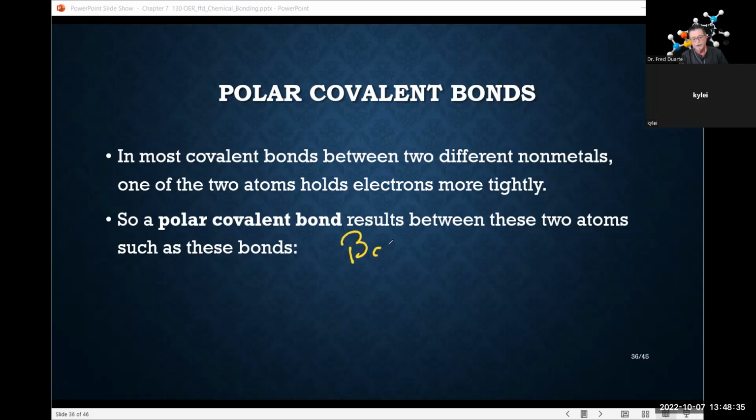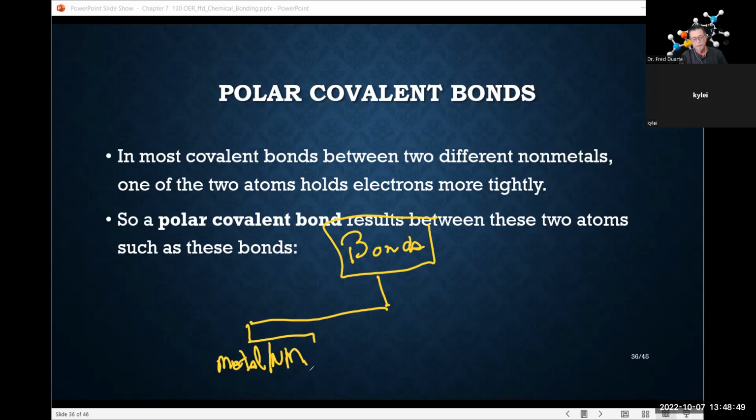So we have bonds here in the middle, okay? Now, if it is a combination of a metal and a non-metal, okay, then we have an ionic bond. That's an ionic bond. So a metal, non-metal combination.